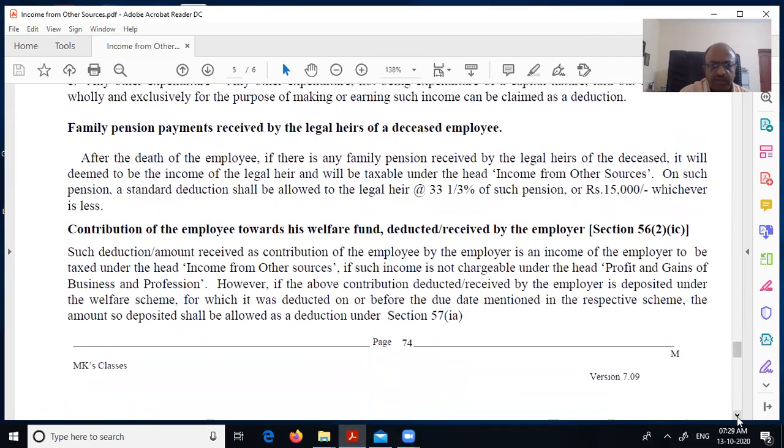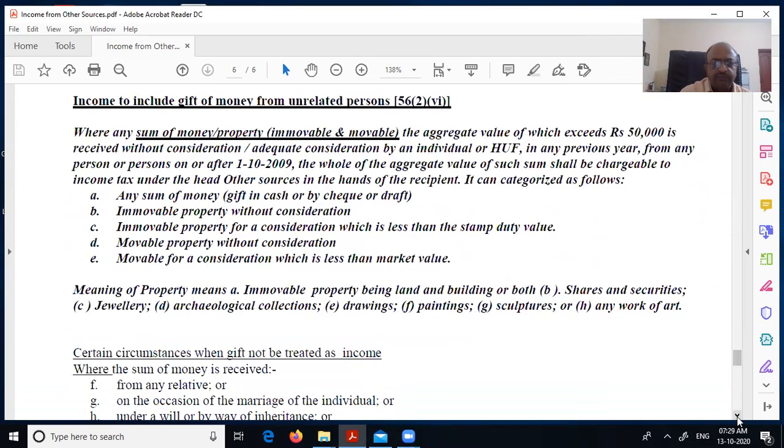And the most important thing is this one. Income to include gift of money from unrelated persons, where any sum of money or property, immovable or movable, the aggregate value of which exceeds 50,000, is received without consideration or adequate consideration by an individual or HUF in any previous year from any person or persons on or after 1/10/2009, the whole of the aggregate value of such sum shall be charged under the head.